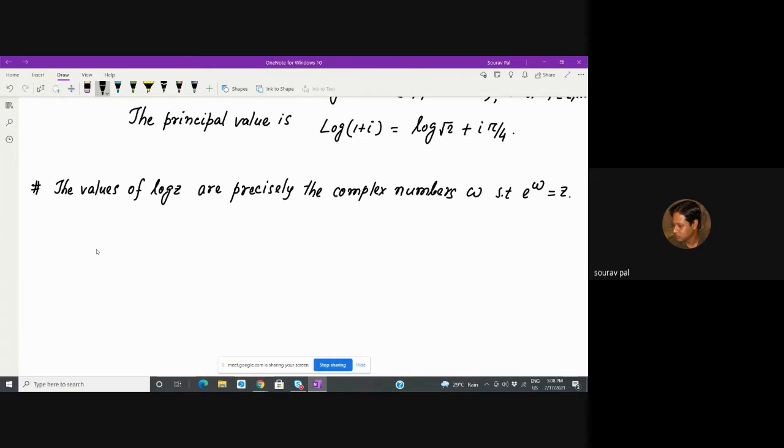How do you prove that? Precisely means it is an if and only if condition. So how do you prove that?